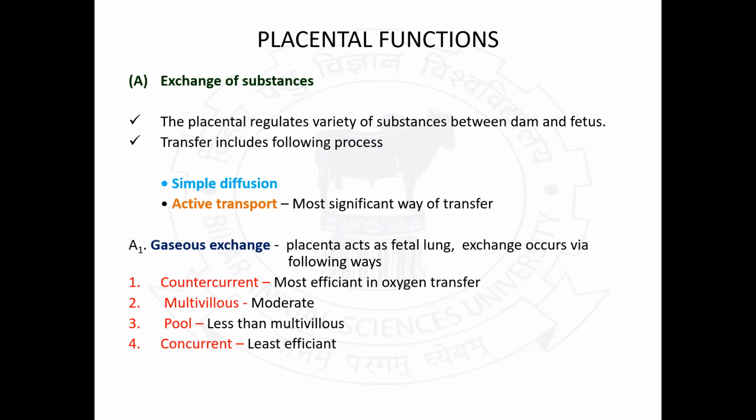Once the gas of one side is carried to the other, only then the other side. Suppose from mother dam to fetus, a gas exchange happens, again once it is complete, then fetus to dam. So this is how this gaseous exchange takes place.